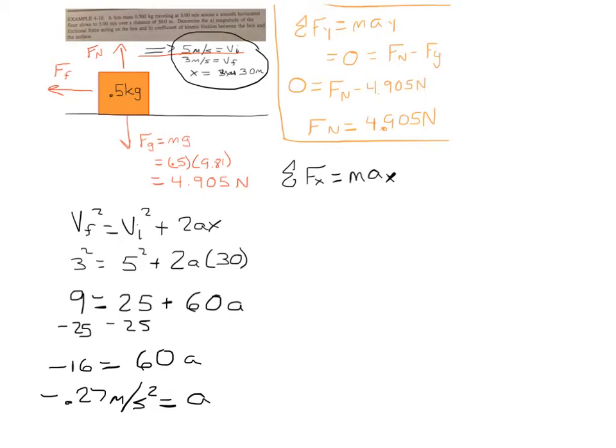So we use that acceleration here. That means the net force in the x is the mass times this acceleration. And we use the mass of the box as our m.